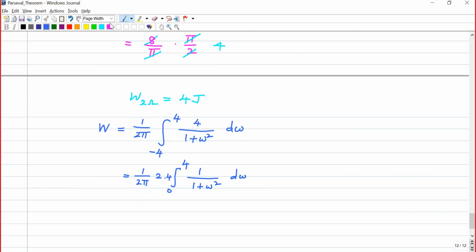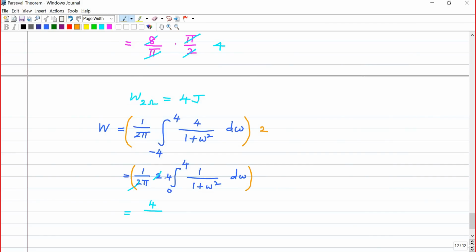Okay, so you can cancel this 2, this 2. So you have 4 over pi. Anything we left out? Yes. Thank you for correcting. This should be multiplied by 2.